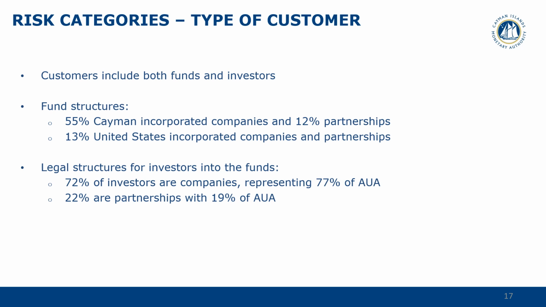The legal structures for investors into the funds is that 72% are companies, and that does represent 77% of assets under administration. 22% are partnerships, with 19% of assets under administration, so the biggest chunk are companies, representing by far the biggest proportion of assets under administration.